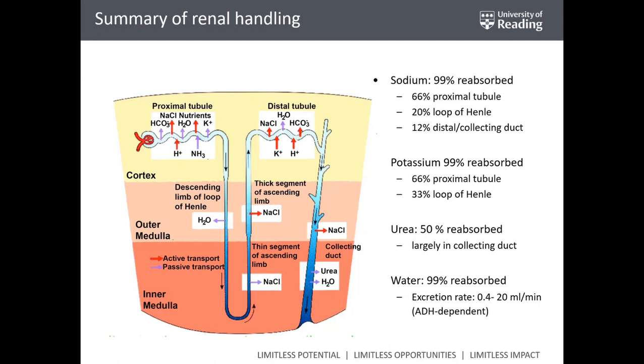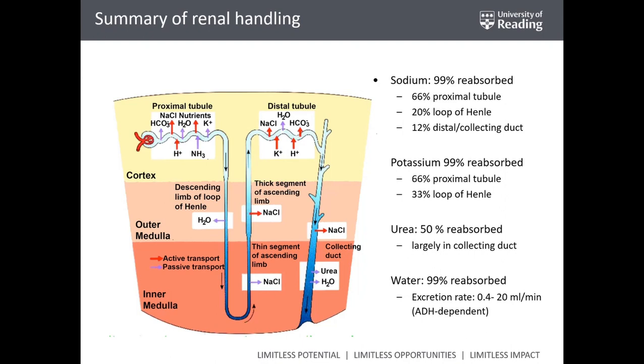In the proximal tubule, obligatory secretion and reabsorption occur of glucose, amino acids, sodium, and bicarbonate. In the descending loop of Henle, we have the concentration of urine, while in the ascending limb, we have the reabsorption of sodium and chloride with the dilution of urine.